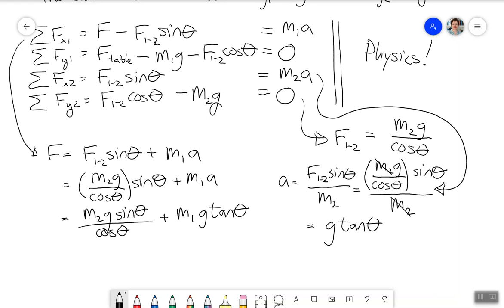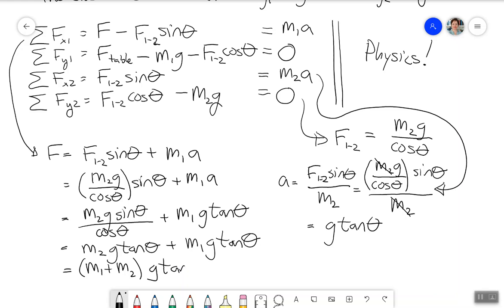But now I have another sine over cosine, so I'll simplify this, and this is M2G tan theta plus, oh wait a minute, M1G tan theta. That means that the force is equal to M1 plus M2 times G tangent theta. And that is the answer. Cool problem.